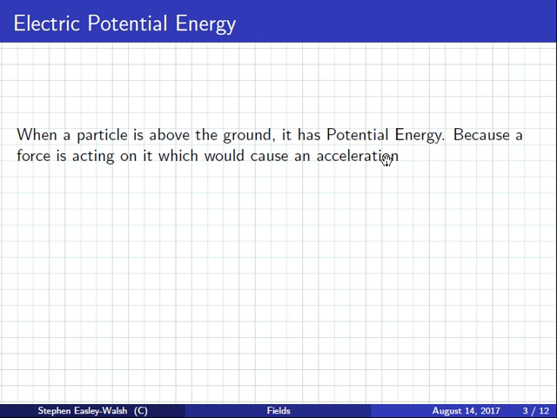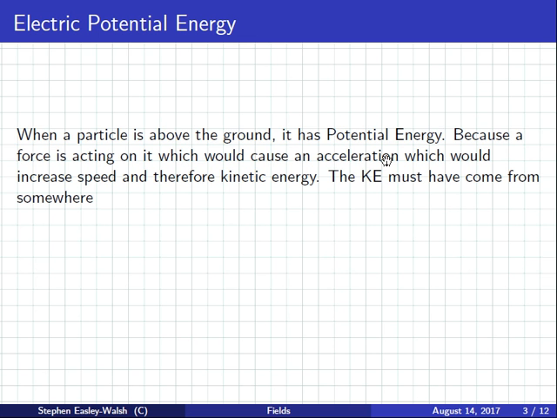And this causes an acceleration, which would increase its speed. So what energy would it have? Kinetic energy. Because energy can't be created or destroyed, the kinetic energy it gets at the end must have come from a potential energy it had at the start. So the potential at the start.